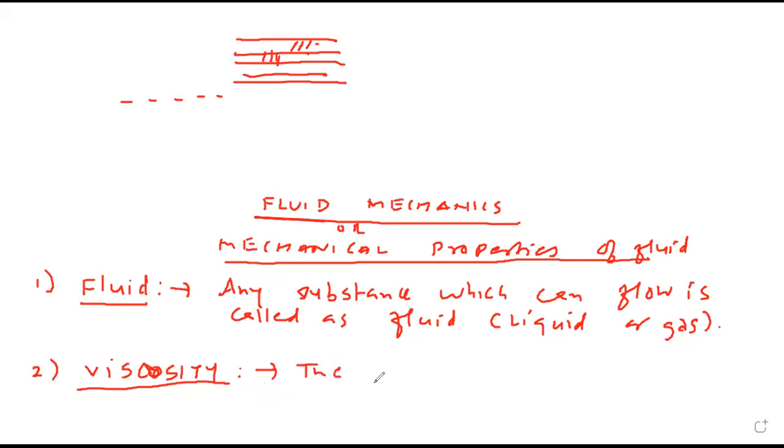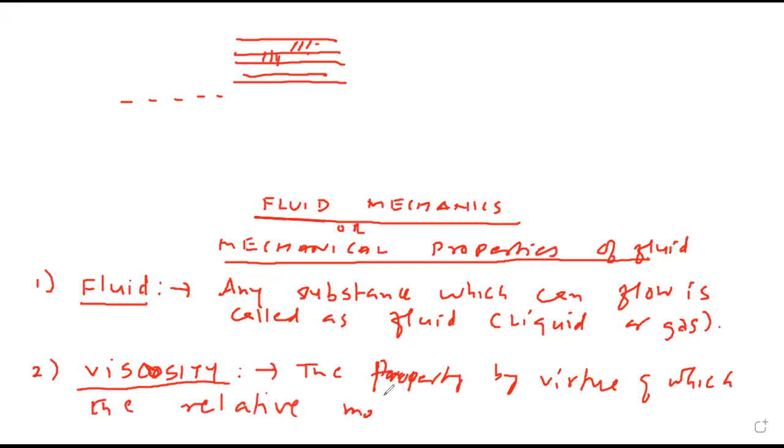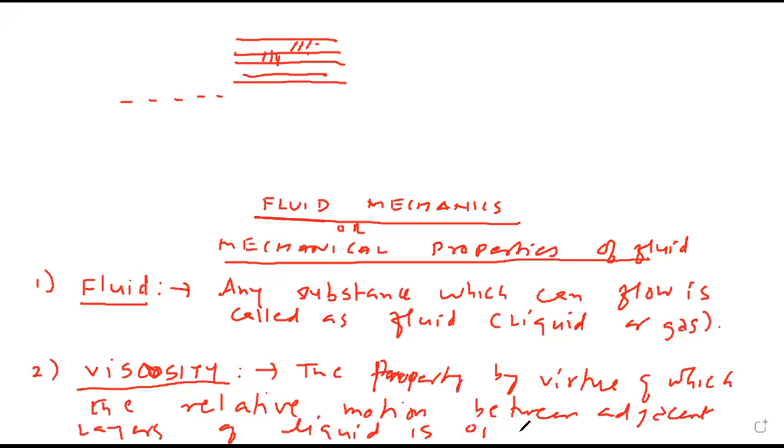So the property by virtue of which the relative motion between adjacent layers of liquid is opposed is called as viscosity.